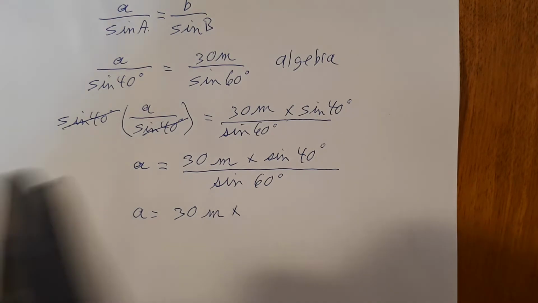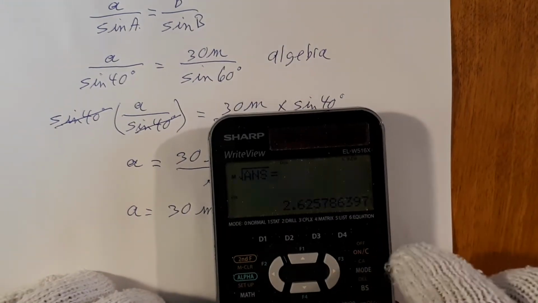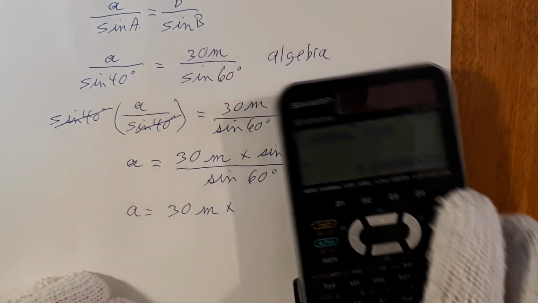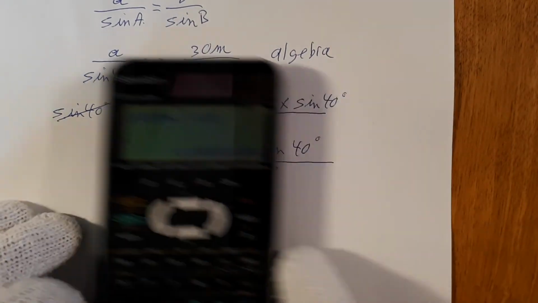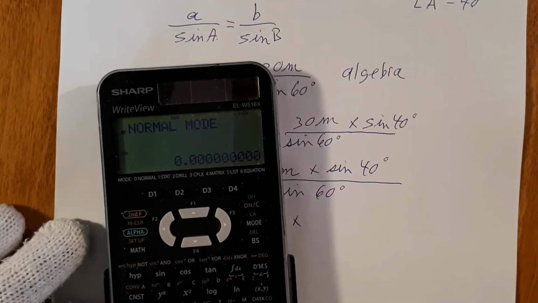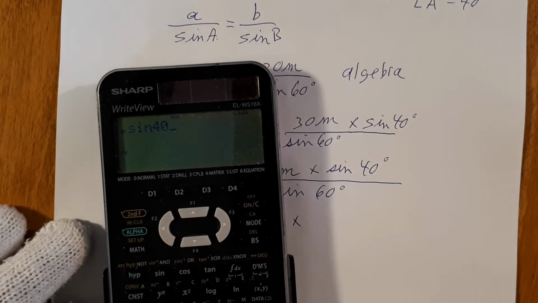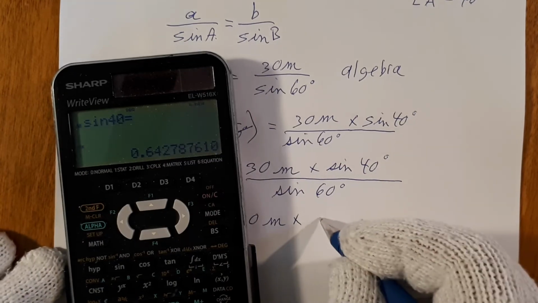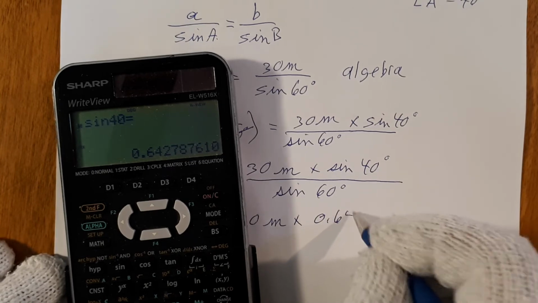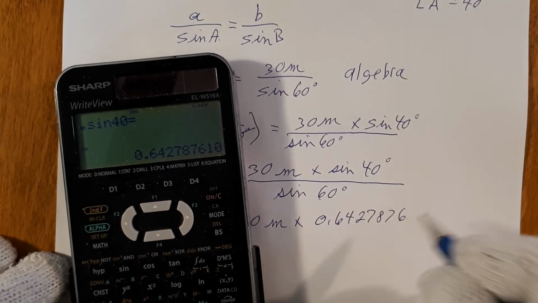Now you can do all of this in the calculator all at once. But I'm going to do it step by step. Sine of 40 degrees, I'm going to put in here sine of 40. Sine 40 degrees is equal to, I have a number, 0.64277876.